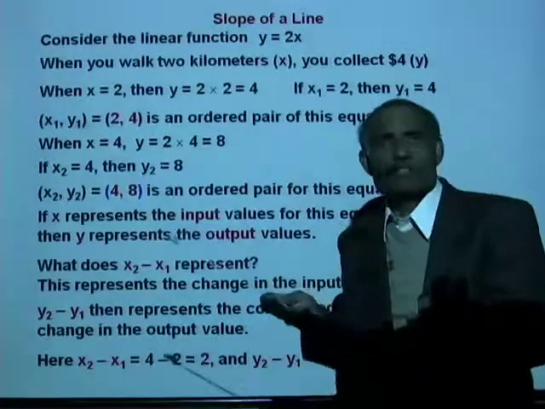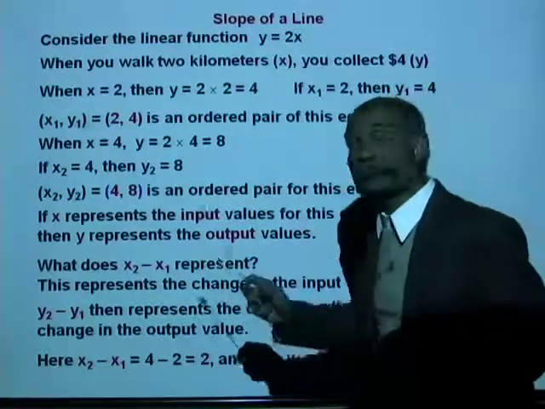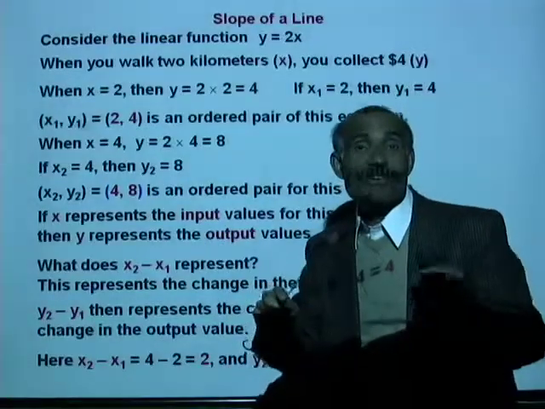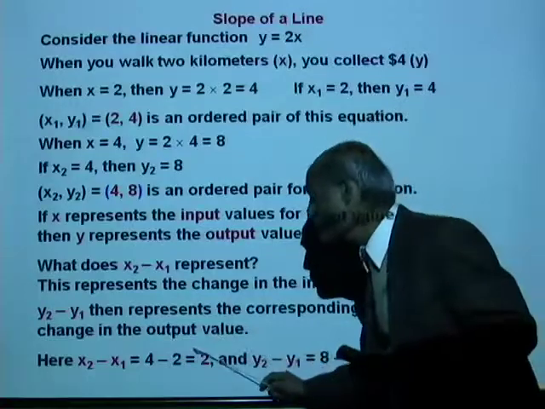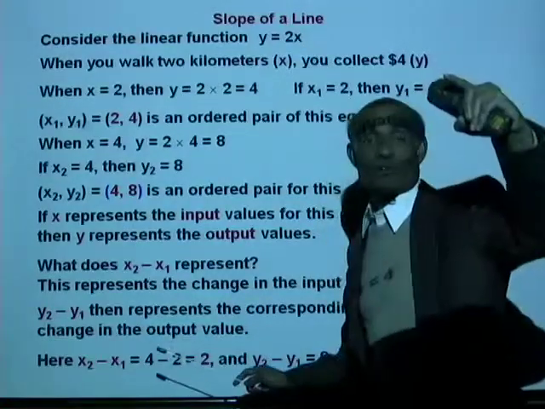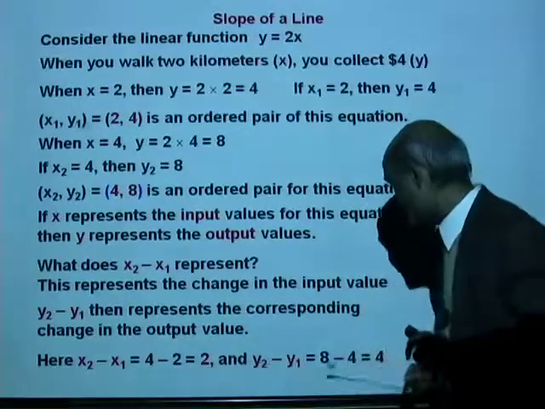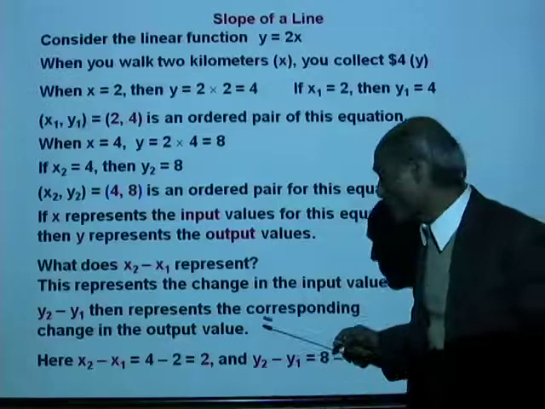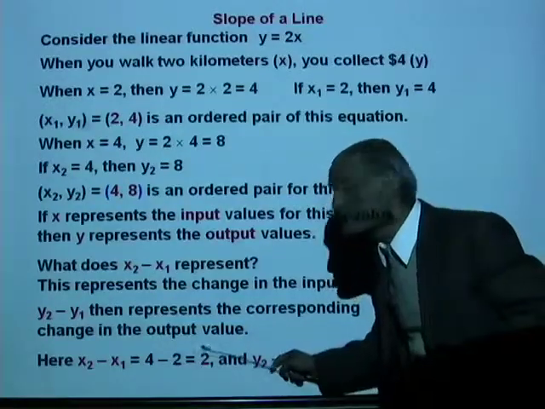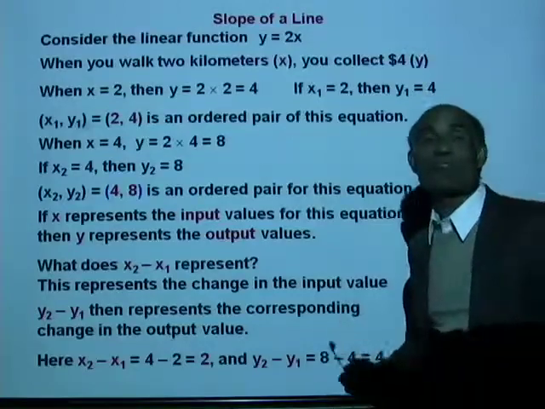Can you interpret it? What does it actually mean in this case? Instead of walking 2 kilometers, she decided to walk 4 kilometers. That means she walked 2 more kilometers. When she walked 2 more kilometers, she collected 4 more dollars. When the input changed by 2 units, the output changed by 4 units.